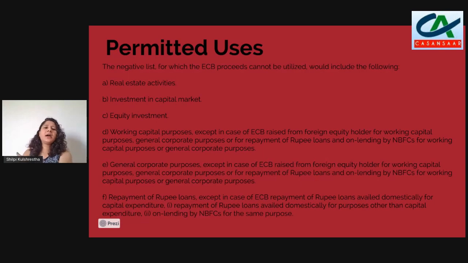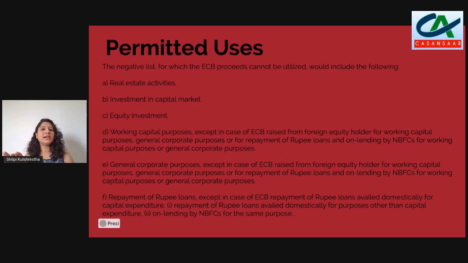A few activities or areas where you cannot utilize it are real estate activities, investment in the capital market, equity investment, and working capital. Suppose you need working capital and you are going to take the ECB for working capital, that is not permitted, although there is a condition.